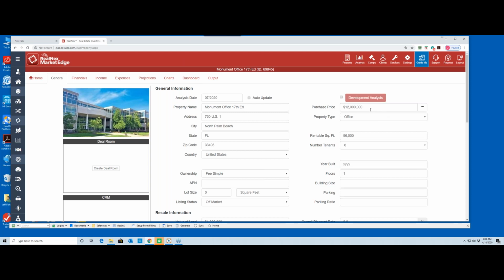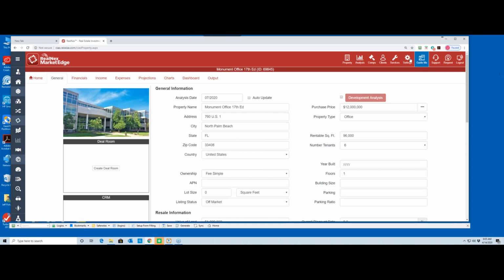Okay, so we've got a purchase price of $12 million. It's an office property. It's got 96,000 rentable square feet. It's got a total of 100,000 square feet because of common areas and so forth. The rentable square feet is 96,000 on this property.